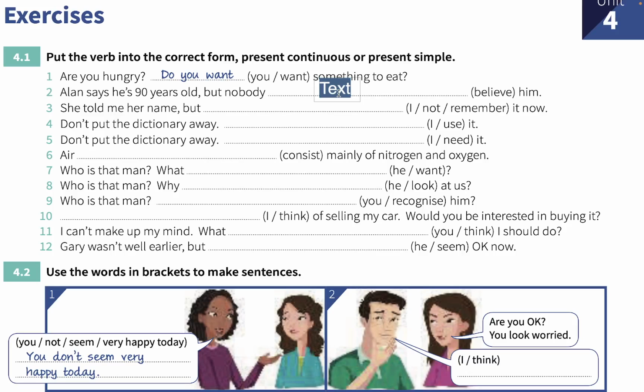Number 2, right? Yes. So Alan says he's 19 years old, but nobody believes him. The correct tense for this is the present simple. It's believes. Number 3.